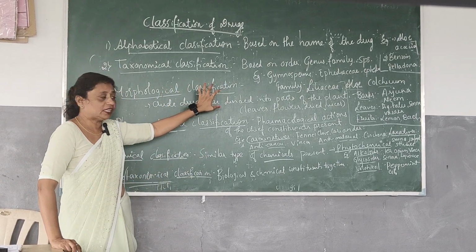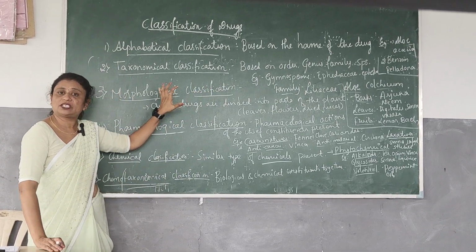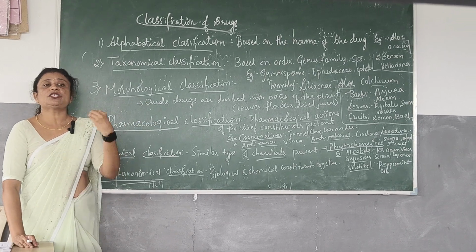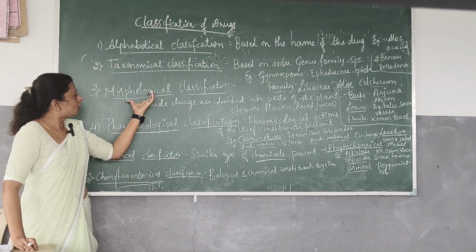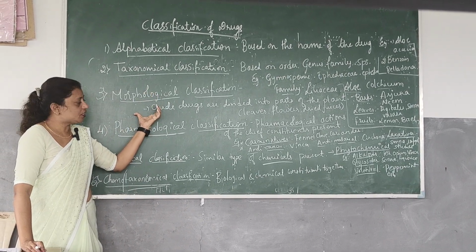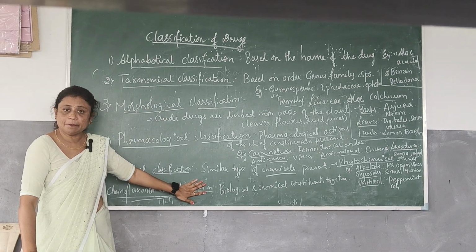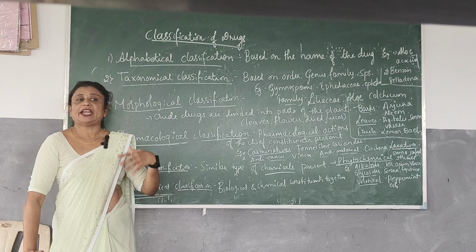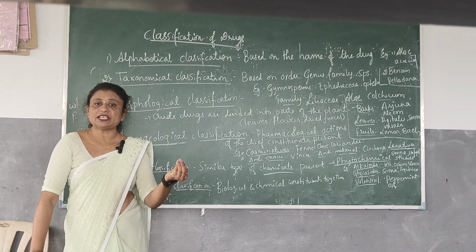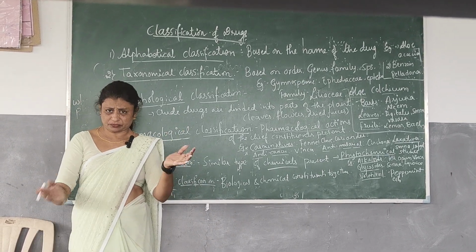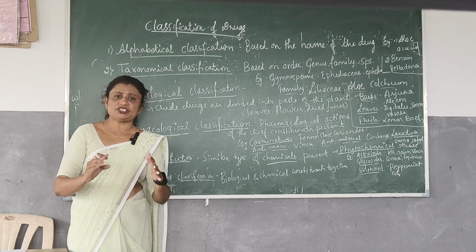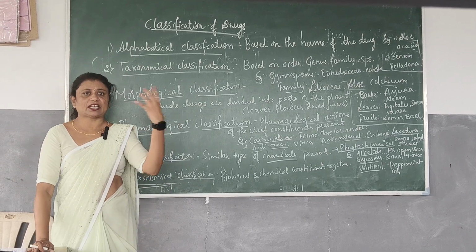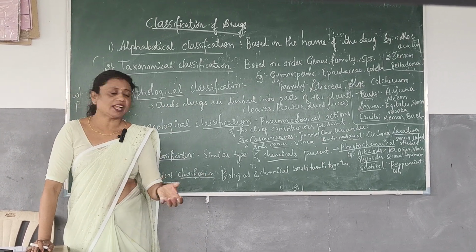So that is the main demerit of the morphological classification: the drugs which are in powder form cannot be classified under morphological, so they are taken into consideration in the chemical classification. In chemical classification, by doing the identification test or the chemical test, the powder drugs can be differentiated, whether it is acacia or tragacanth.